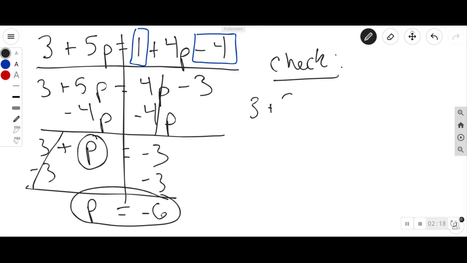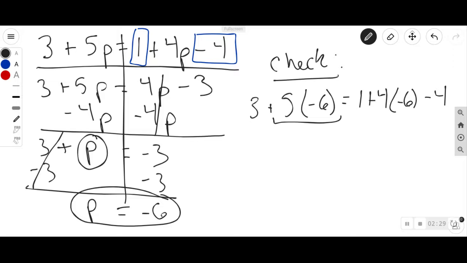Now remember, in order to check this, I'm going to plug it in. 3 plus 5 times negative 6 equals 1 plus 4 times negative 6 minus 4. I've got this multiply and this multiply to do. So 3 minus 30 equals 1 minus 24 minus 4.